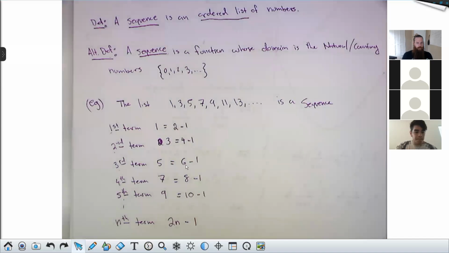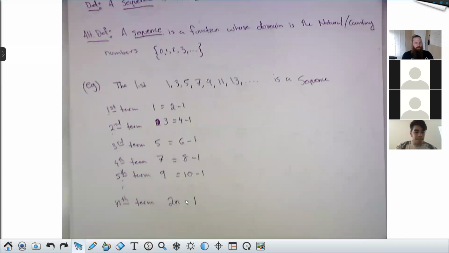So yes, Olivia and Brooks both had a neat idea here. For the fourth term, I double the input 4 and then subtract 1. For the fifth term, I double the input 5, that gives me 10, and then I subtract 1. And for the nth term, I am doubling the input n and then subtracting 1.